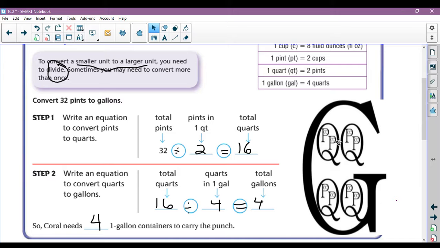So if I look at this picture quickly, I can say here's 2 pints, 4, 6, 8. So there are 8 pints in 1 gallon. So then you would just take 32 and divide by 8, and that gives you 4 gallons right away. So I just think it's a little easier for me to do it that way.